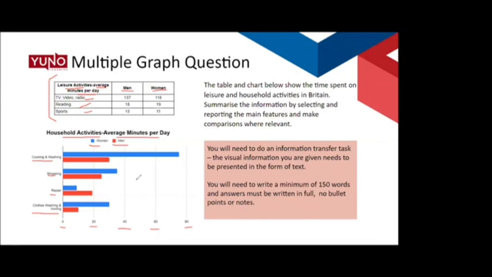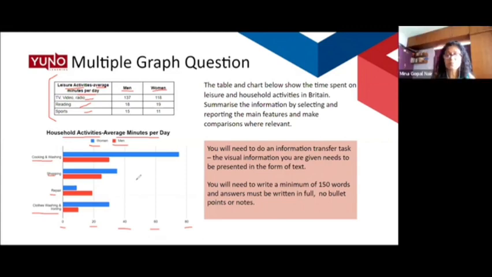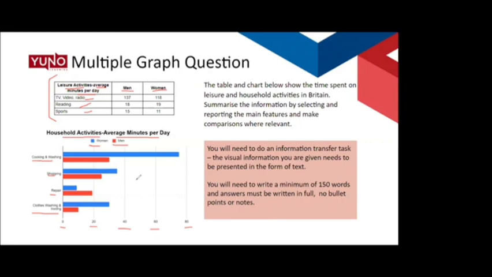Yes, ma'am. I wanted to talk about the second graph, household activities. In the first graph, we know the exact units of minutes, but in the second graph, you have to guess the exact units.